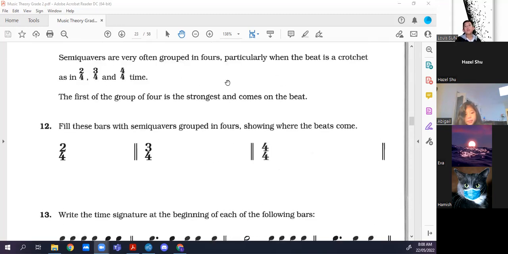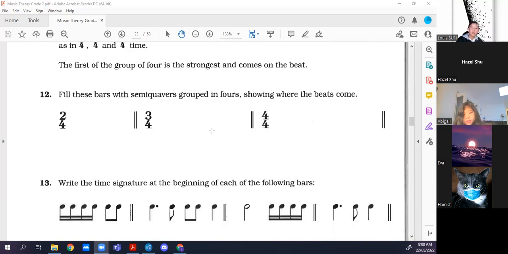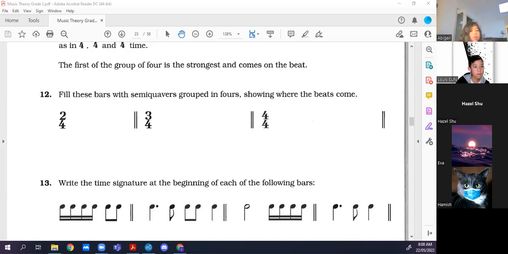Okay, so I want someone to guess the length of a dotted semiquaver. Anyone want to guess? Remember what a dot does to a note? So how many beats would a dotted semiquaver take up? A semiquaver takes up 1/16. 1.5 semiquavers, which is kind of testing our fractions, isn't it?